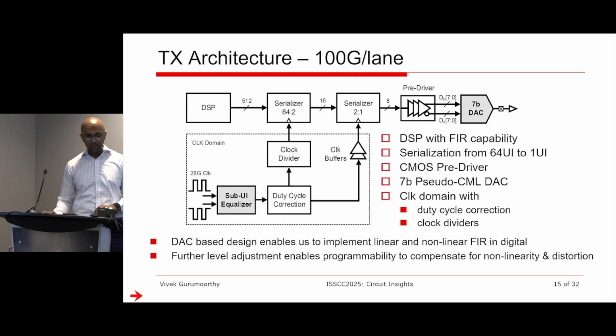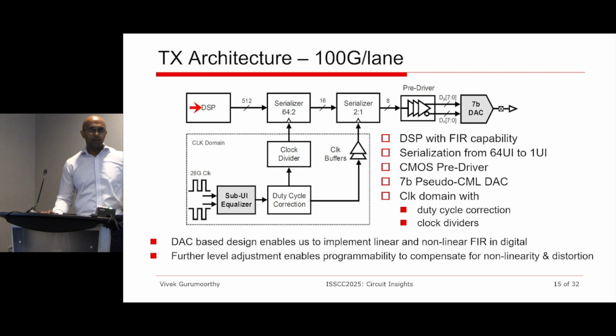Now let's focus a little bit more on the TX side of things. TX is the transmit path. Now I want to start transmitting this data out. This is an example for a 100 gigabits per second per lane architecture. Here you have the DSP sending your data in zeros and ones.